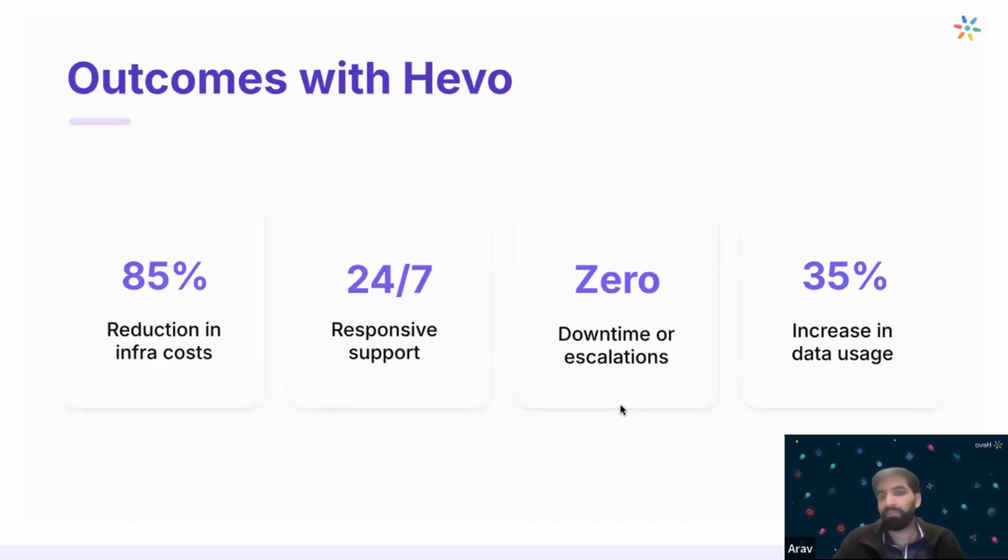Then they had no escalation, zero downtime, and their overall costs went down while their data scale continued to increase. Their actual data increased about 35%, but they still reduced their overall costs by approximately 85%.